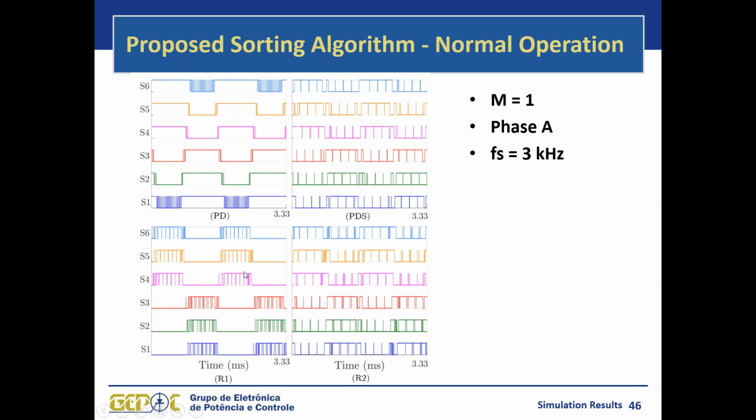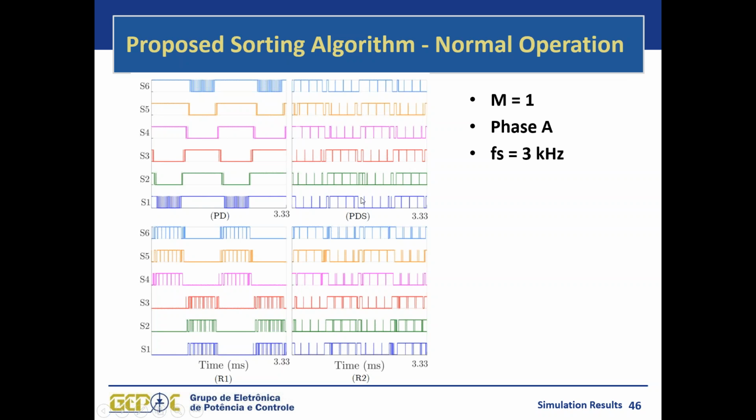So we can see that R1 distributes the pulses among the switches, but they are switching at a high frequency here, and then they spend some time without switching. So the pulses are distributed among the switches, but they are not evenly distributed among the period of the fundamental frequency. Here we have the results for the R2 strategy that are also presented on the literature review.